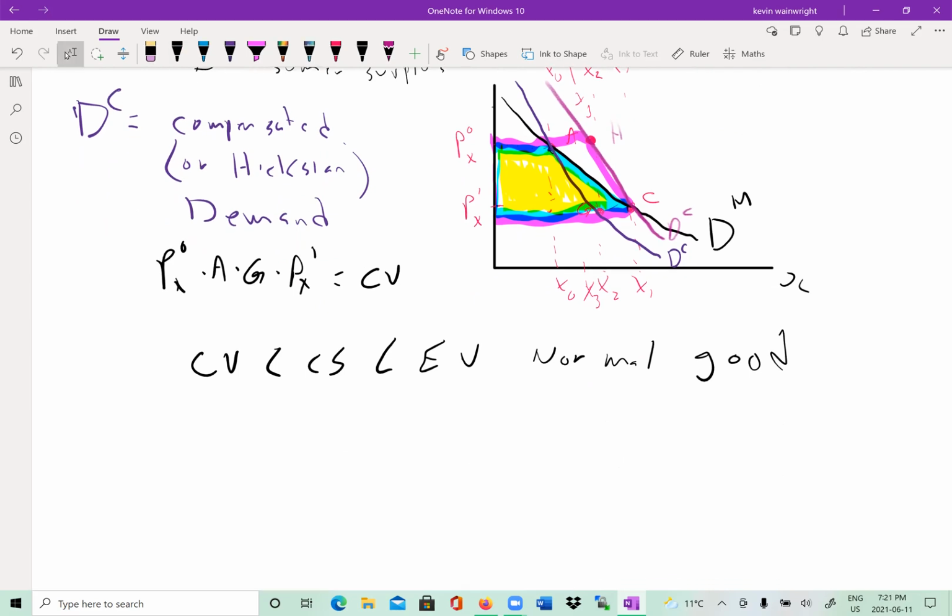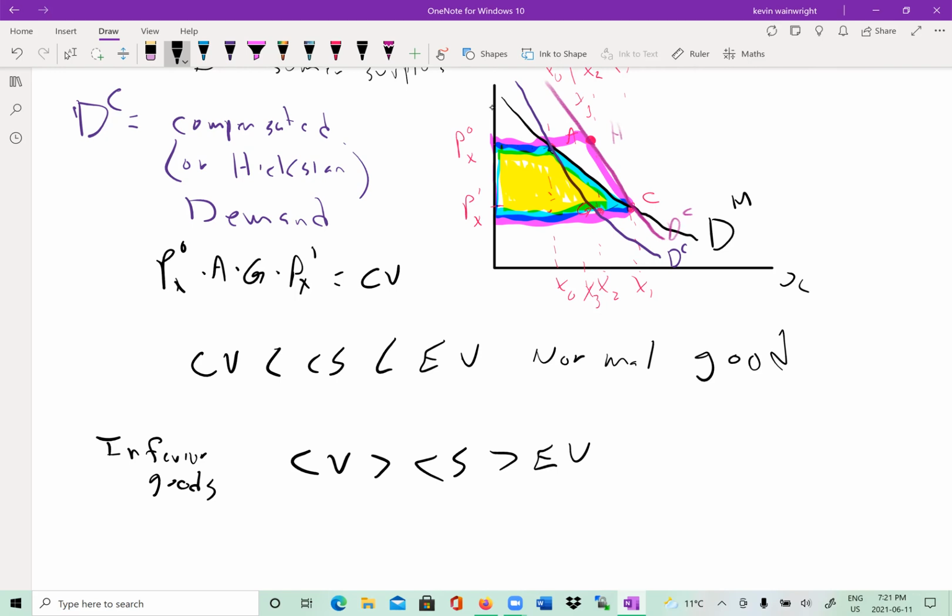When your income goes up, you buy more. That's a normal good. If your income goes up and you buy less, it's an inferior good. So for inferior goods, CV is greater than consumer surplus, which is greater than EV. So the reverse is true.